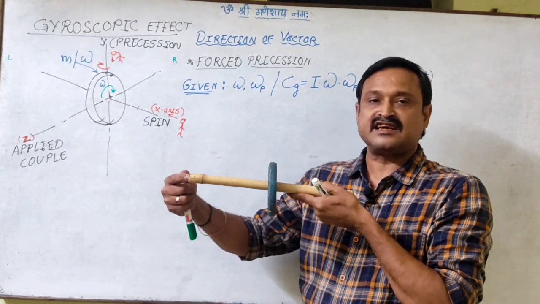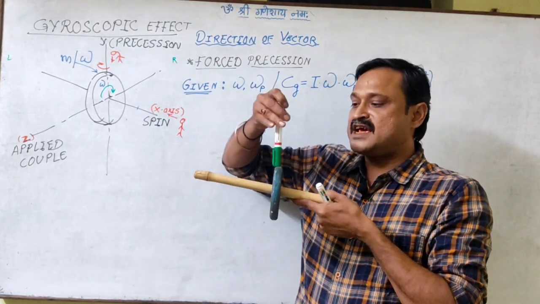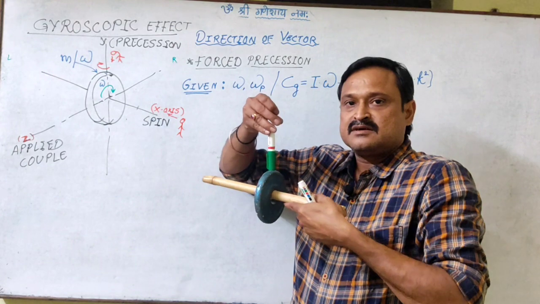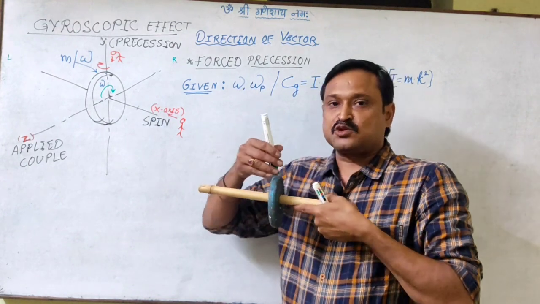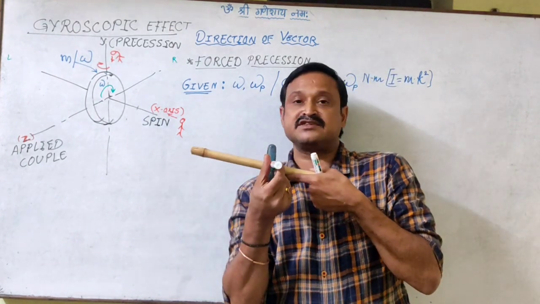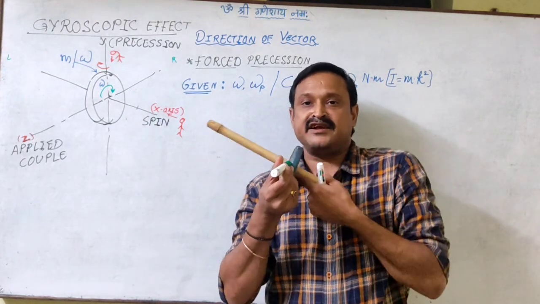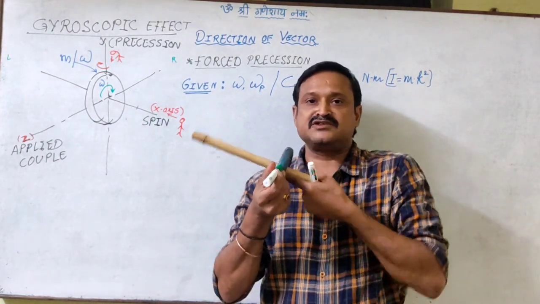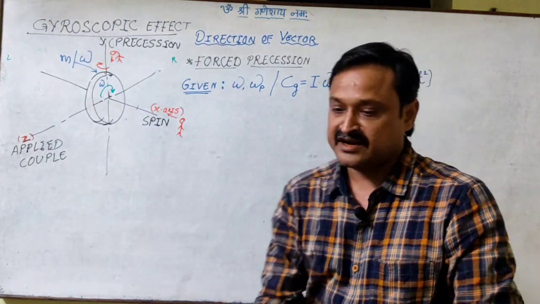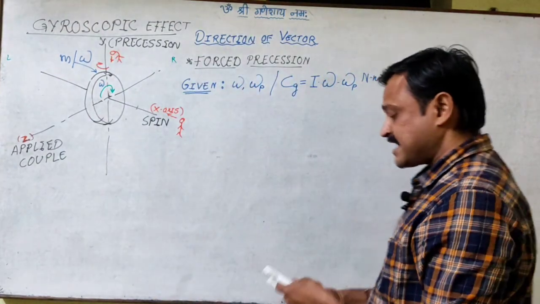So for our condition, let us make it out again: the x-axis is the spin axis, that means the axis of the shaft, and the y-axis is the axis about which precession is taking place. So the third mutually perpendicular axis will be perpendicular to the board. The torque will be getting applied in this fashion, whether clockwise or counterclockwise, that we will try to understand with this vector diagram.